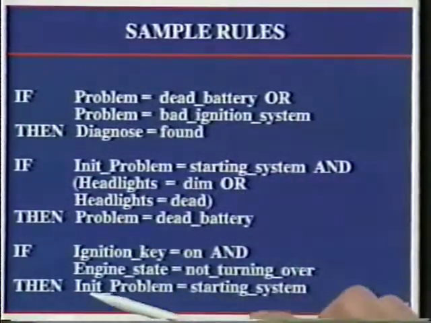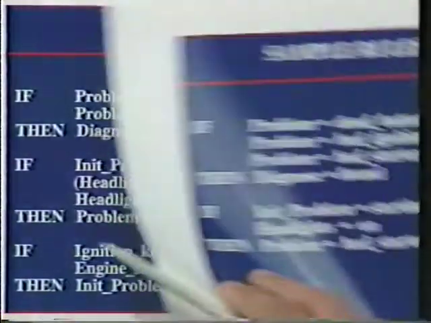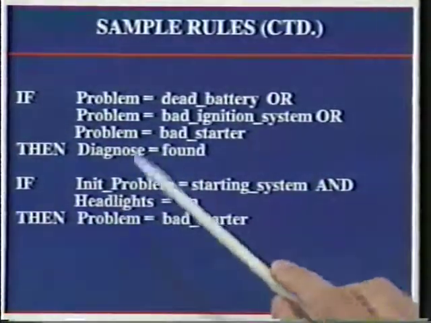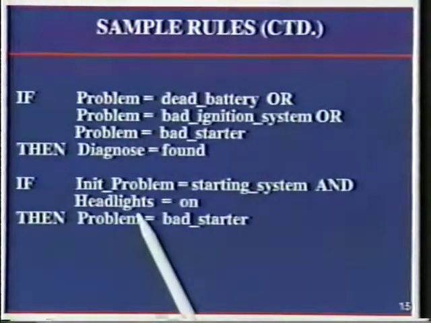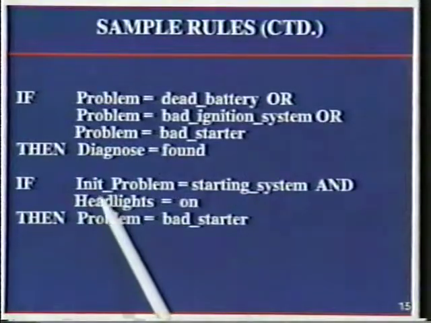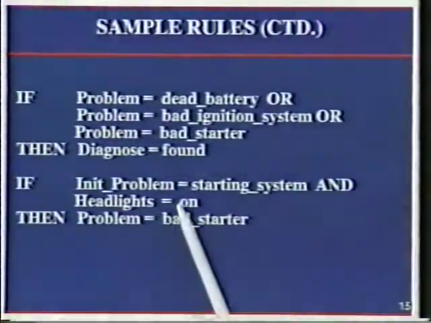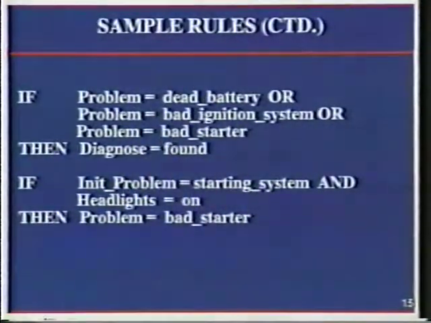Now however, suppose we find a new problem with the car, we can add it in very easily as is shown in this particular slide. We are adding a problem equals bad starter, and then we add another rule into this process where if init problem equals starting system and the headlights equals on, then the problem equals bad starter. So using the knowledge based framework, what we can do is incrementally add knowledge to the system.